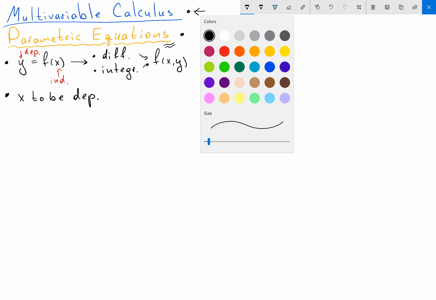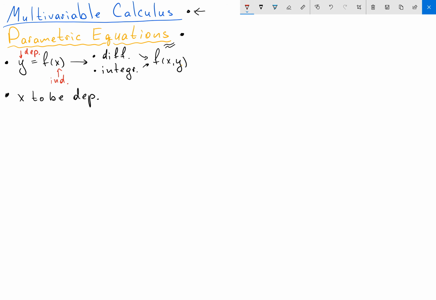I think the best way of seeing this is to consider an example. Let's take one of the simplest functions, y equals x squared. And for this function, we want to make x a dependent variable. One way to do this is to make x a function of another variable.